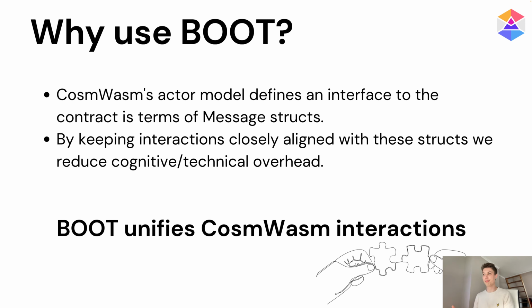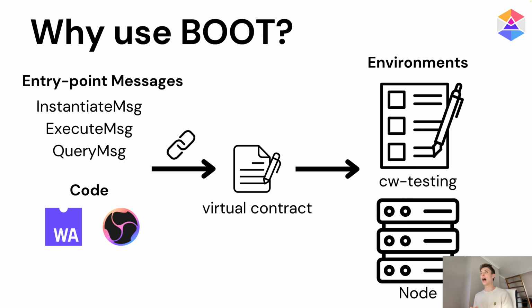So the goal of Boot is to unify CosmWasm interactions. And how do we do that? We define the entry points to the smart contract, which you already have, that's already available. We take the WASM code, or the entry points of the smart contracts, which are a set of functions, and we bind them to a virtual contract.